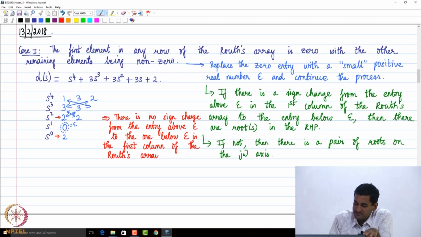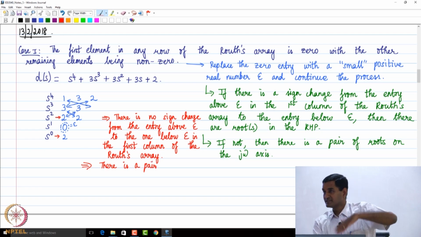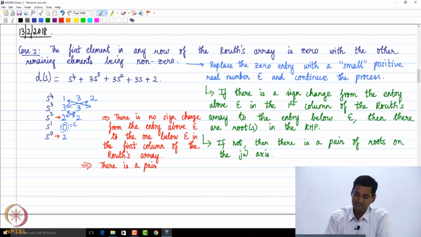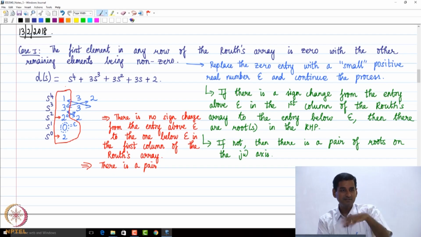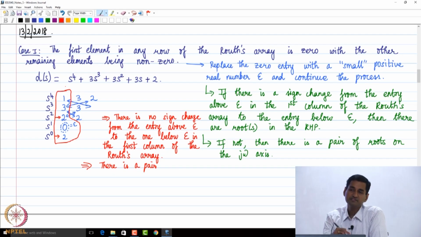So what does this imply? This implies that there is a pair of roots. Of course, there are no other sign changes also, right? If you look at the first column of the Routh's array, there are no further sign changes. There is only one 0 entry which we addressed by replacing it with epsilon and continuing the calculation.